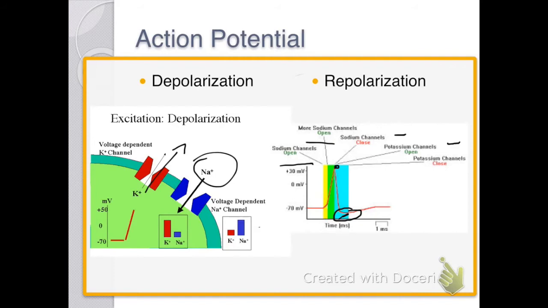This refractory period ensures that nerve signals won't pile up on one another. It's almost like a built-in little break to make sure there's a pause before the next signal can come in. The entire repolarization period only takes 0.02 of a second, so this refractory period, like I said, is very, very brief.